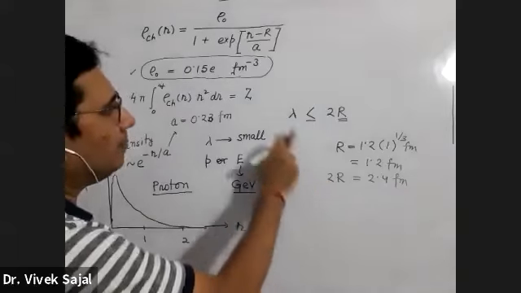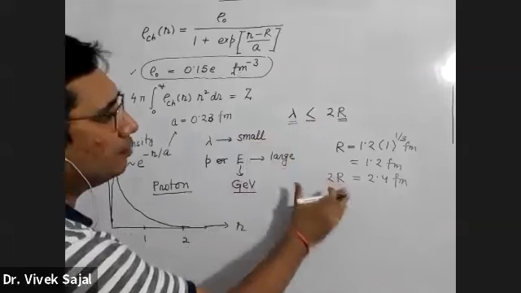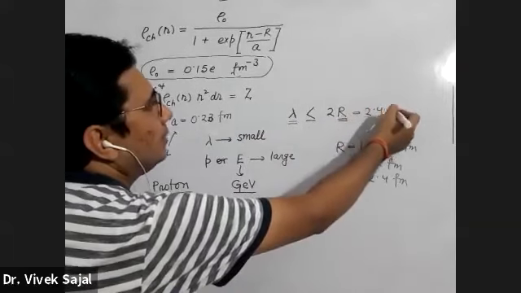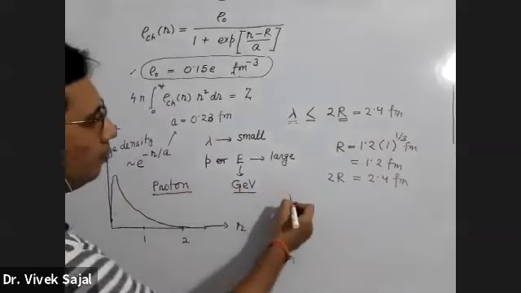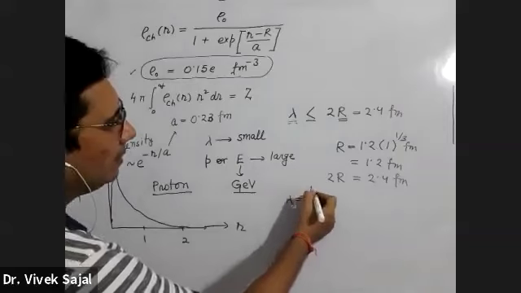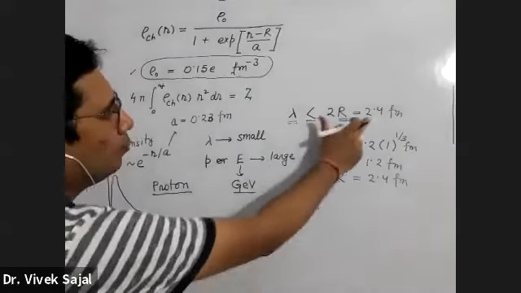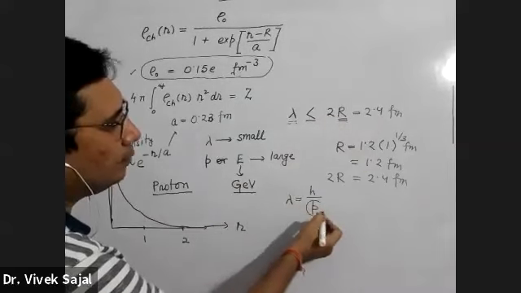So automatically the de Broglie wavelength should be less than or equal to 2.4 Fermi. This is very small, and the formula for the de Broglie wavelength is lambda equal to h upon p. So to get 2.4 Fermi, you have to increase the value of p.